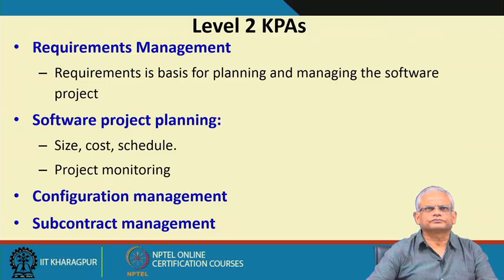So, these are some of the process areas that a level 1 organization must focus on to come to level 2. It must have a proper requirements document, because requirements are the basis for planning and managing. There has to be a project manager who does project planning, project estimation, and monitoring and control based on the plan. Configuration management must be used.